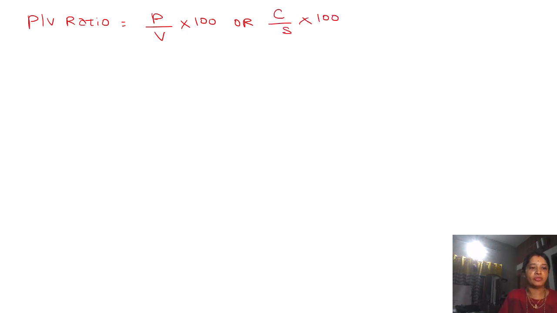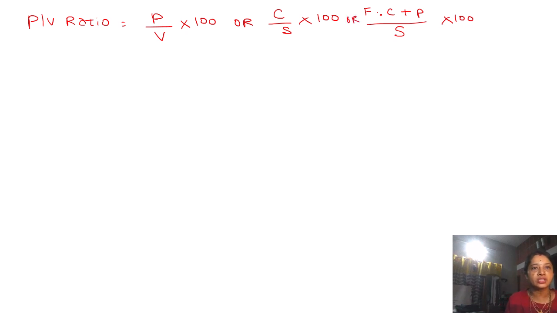This is your PV ratio. Or contribution. What is the formula for contribution? Fixed cost plus profit divided by sales into 100. If you do marginal costing statement in reverse, so fixed cost plus profit will be your contribution. So divided by sales into 100 is also your PV ratio.